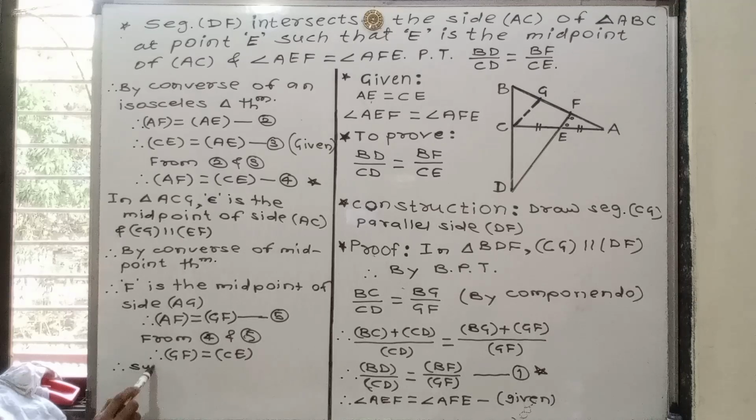Therefore, substituting GF in equation 1, we obtain BD upon CD is equal to BF upon, instead of GF we put there CE. This is our to prove. Did you get it?